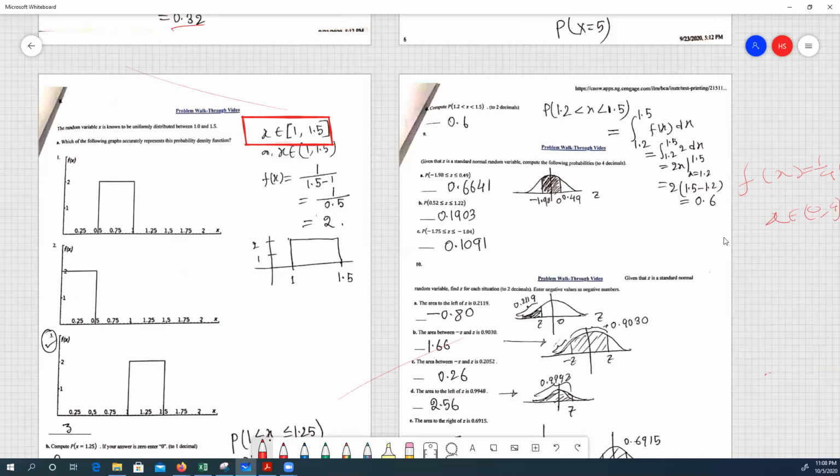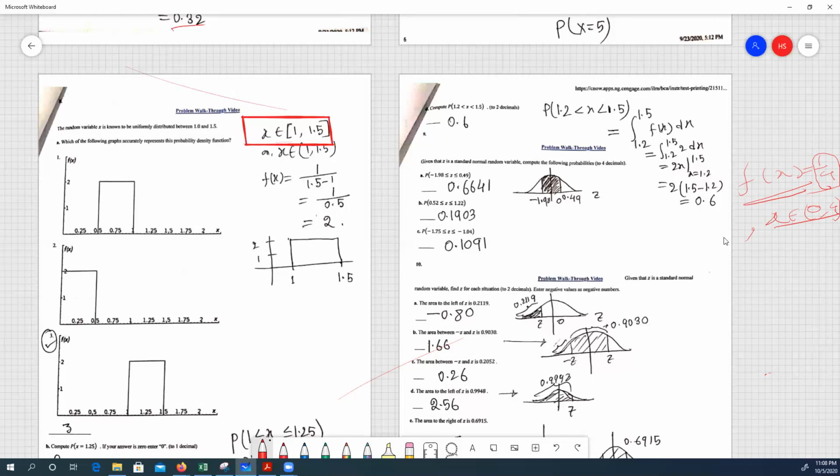Here you can say f of x is always 1 over 4 because this doesn't depend on x, right? This is a constant function. So for uniform distribution, the density function is always constant. That means for any value of x, f of x is the same. If you consider x equals 0.1, it is 1 over 4. It's not changing, right?